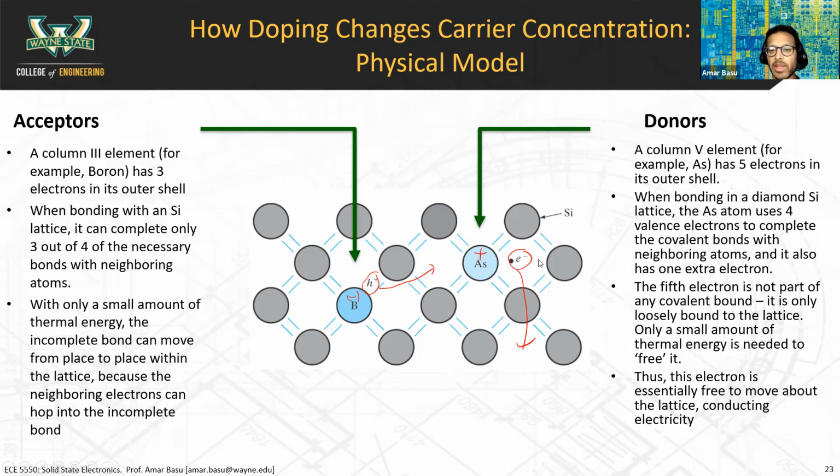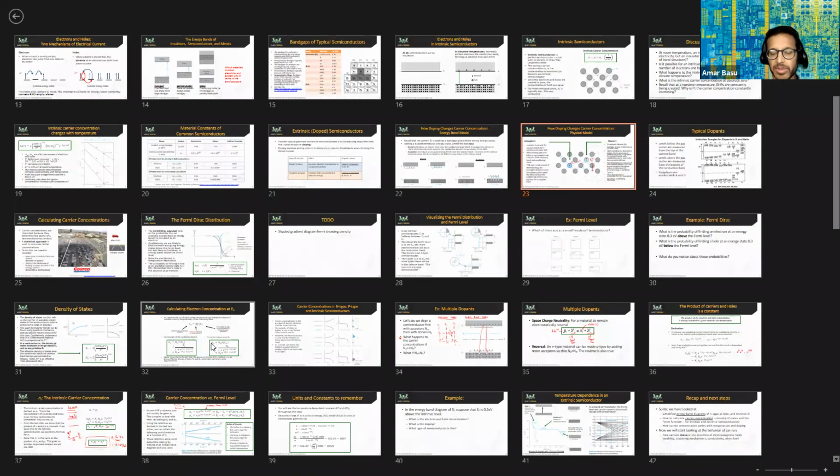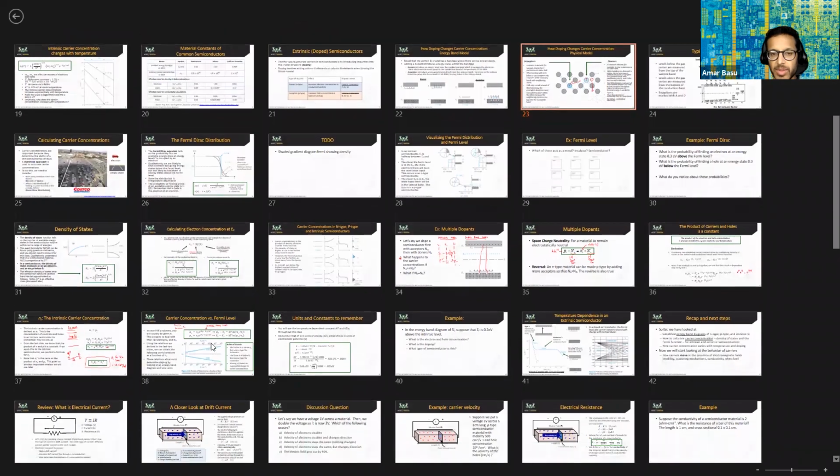So we've already calculated our electron concentration, and we know that the concentration of dopants is the same as the concentration of electrons. That's how we back out the donor concentration.